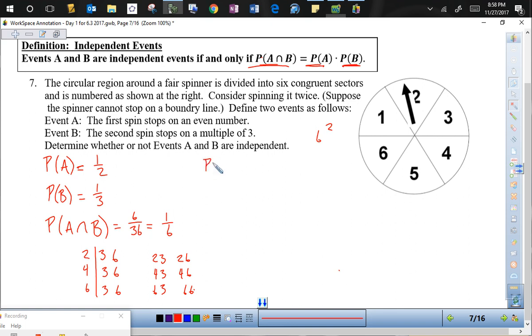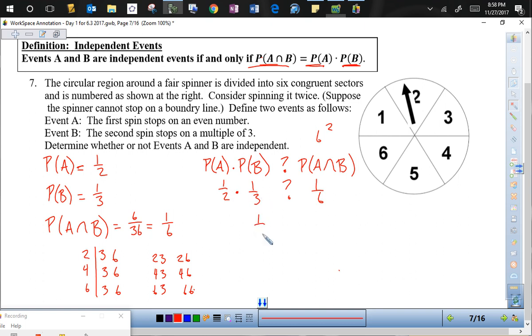So I'm going to set it up, the product of the probability of A and the probability of B, and we want to know how does that compare to the intersection of A and B. So this was 1/2 times 1/3. I want to know, is that going to be the same as 1/6?